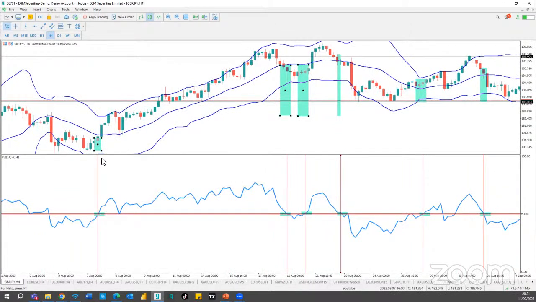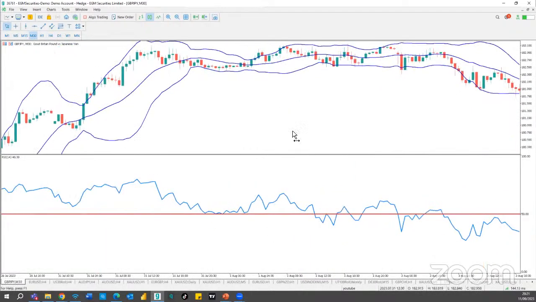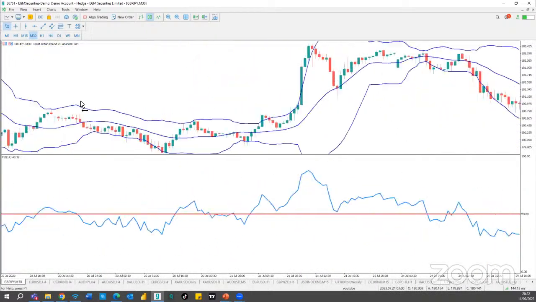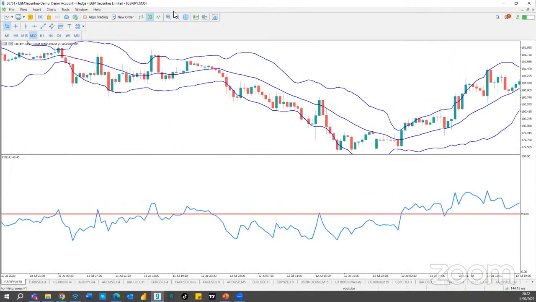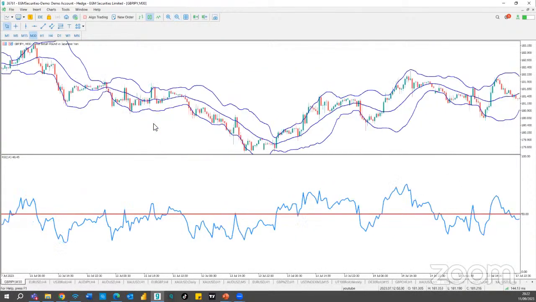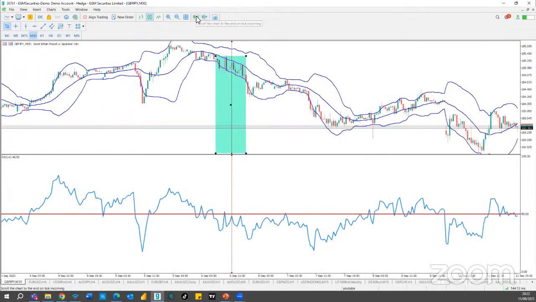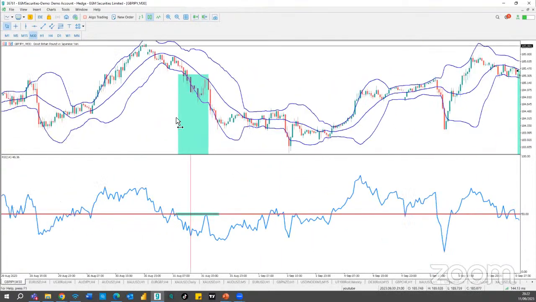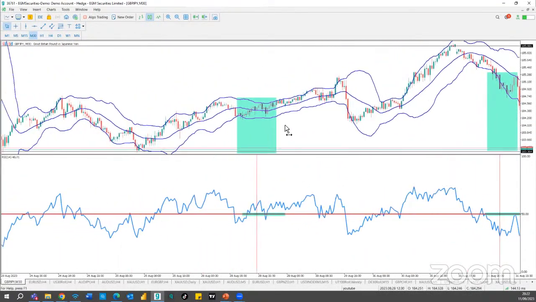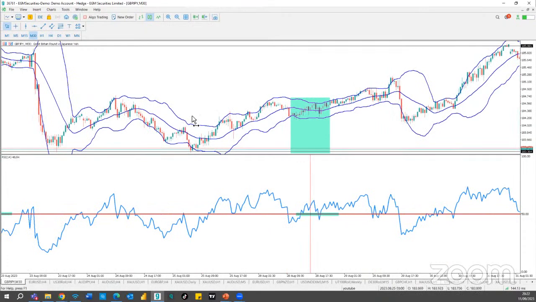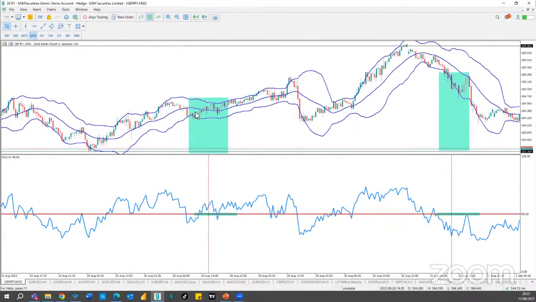And then if we go back to 30 minutes at that level, let's look for it. What we see is the price was in a consolidation in the Bollinger Bands.